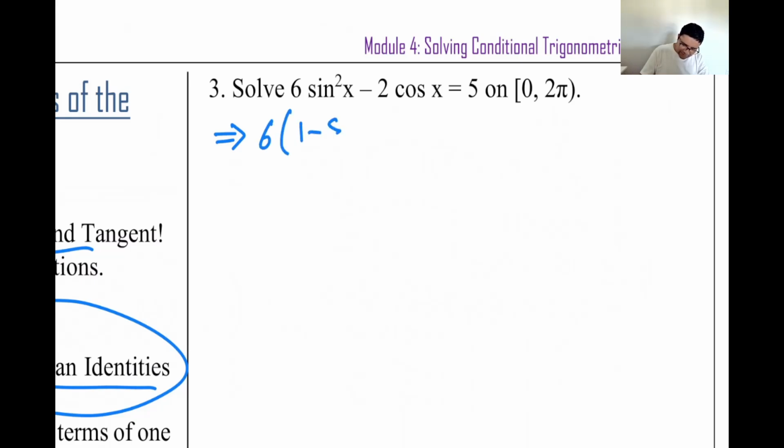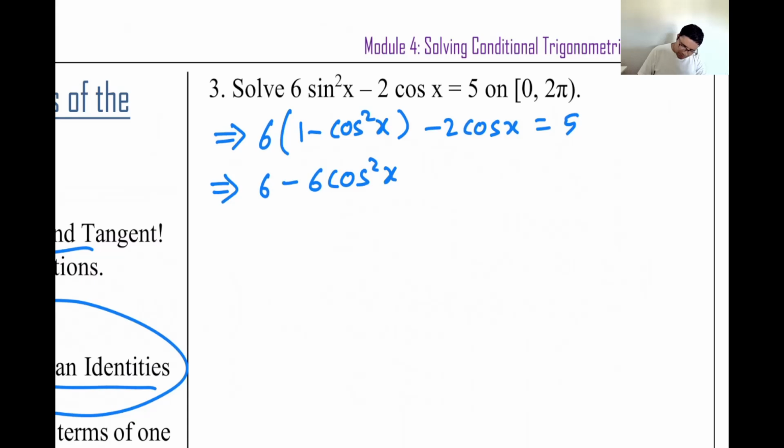So 6 times 1 minus cos square x minus 2 cos x equals 5. Okay. So everything is in terms of cosine now. Let us expand it. Minus 5 equal to 0.